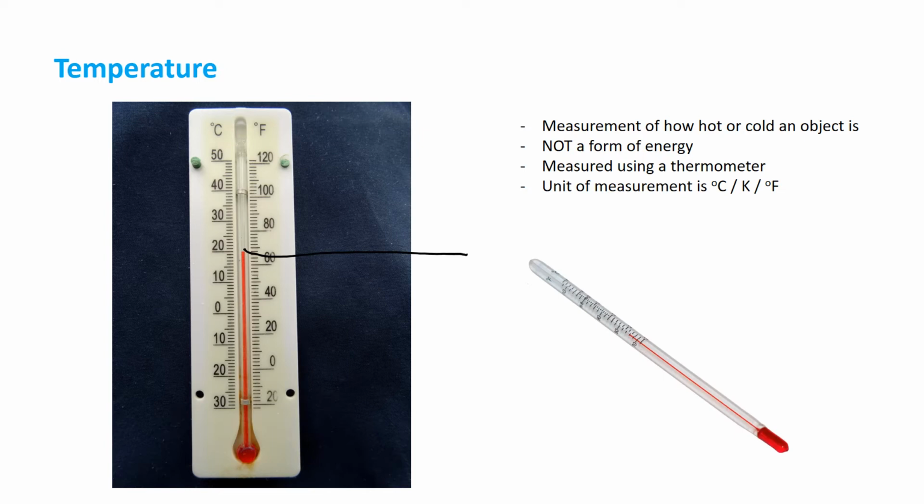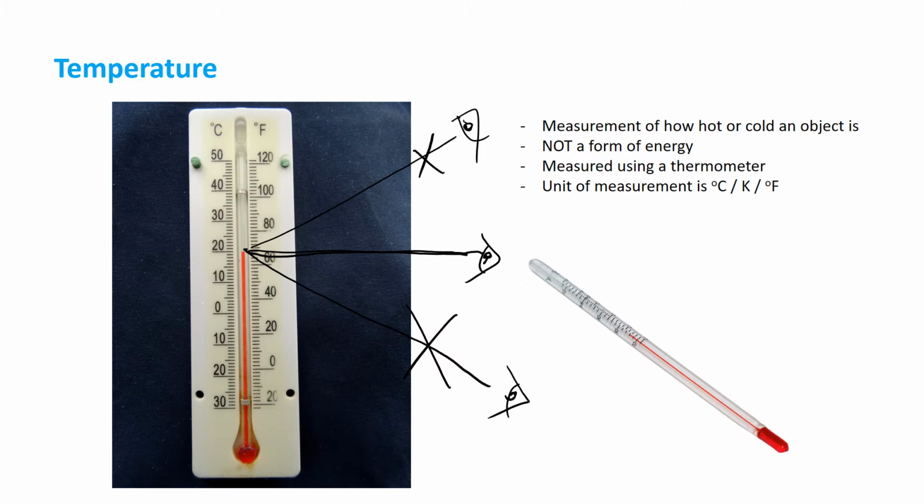So here, your eyes have to be at this level. You can't read it from here. This is the wrong way. Or even from here. This is the wrong way. So your eye has to be at the same level as the point where the liquid is. Yeah, and this is to make it accurate.